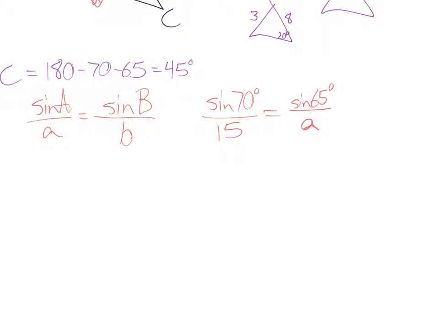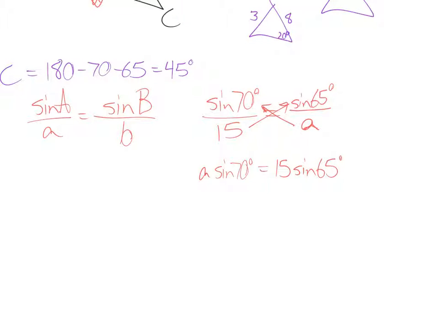Good, cross multiply. So we'd have A times the sine of 70. Very good. So we're cross multiplying here. Solving a proportion.